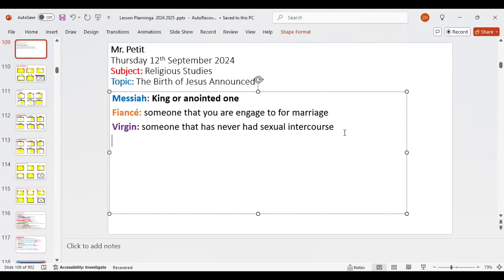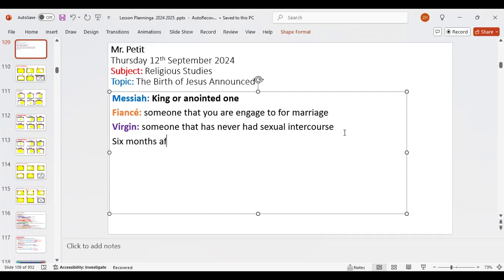Now, after the angel Gabriel came to Zachariah, six months after that.